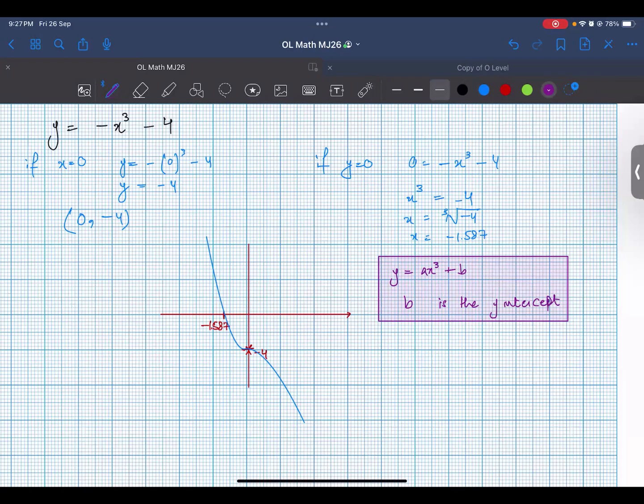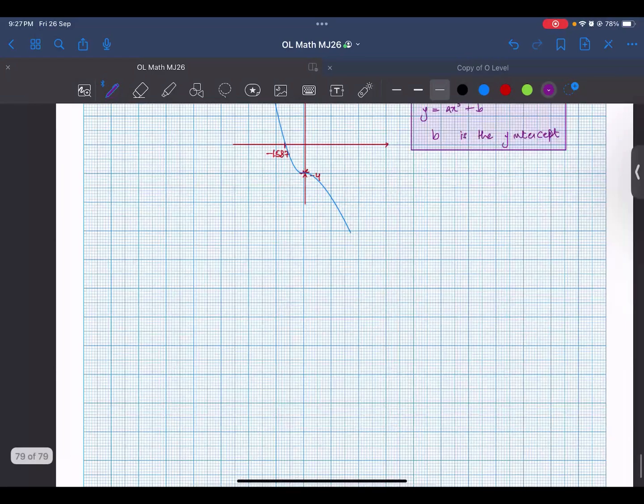Okay, now you move on to the second part of cubic equations. When your equation is in this form, y is equal to ax cube plus bx square plus cx, and there is no d. You won't have a d, only till cx.